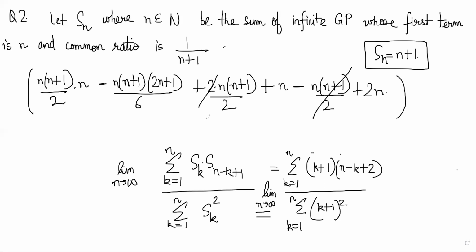I'm getting a little more added: n into (n square plus 9n plus 14) by 6. Simplify it. n into (n plus 1) common, n by 2 minus (2n plus 1) by 3, by 6, plus 1 by 2.